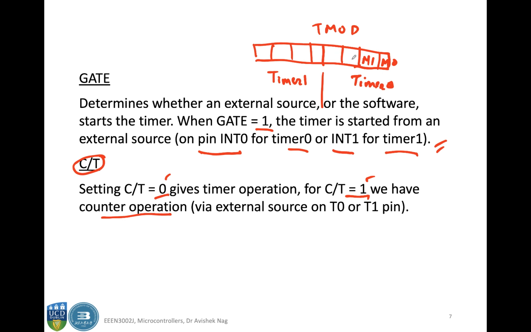This is the gate bit and this is the C/T bit, as you just saw here. So we covered the functionality of the gate bit and the C/T bit. Now let's see what M1 and M0 are for. On this side for timer 1, you also have the same configuration repeated.